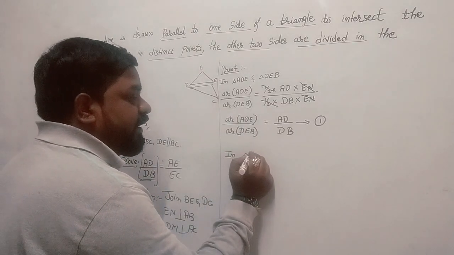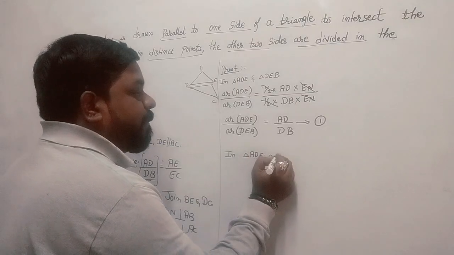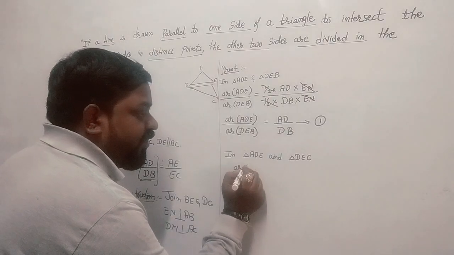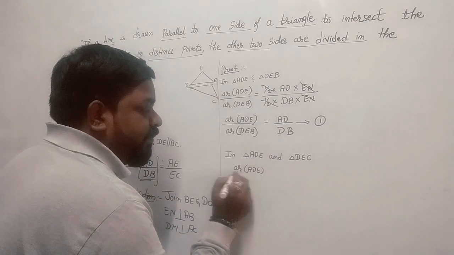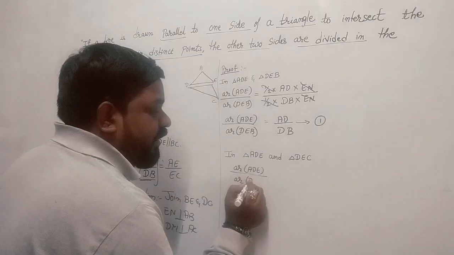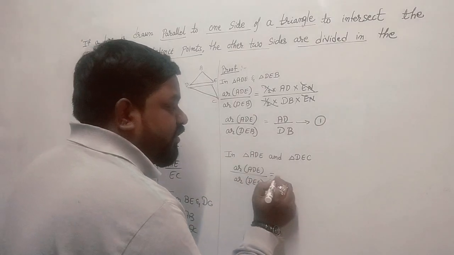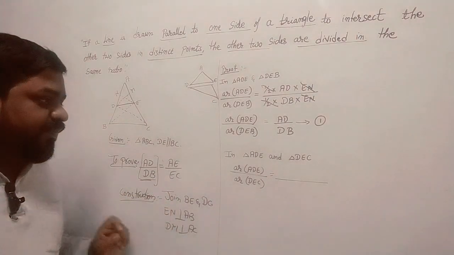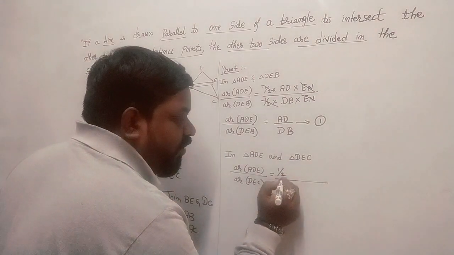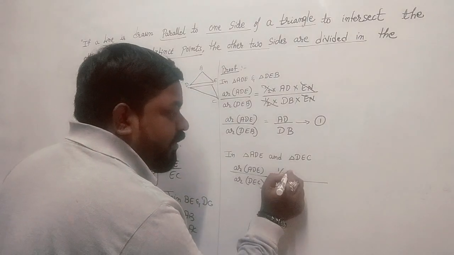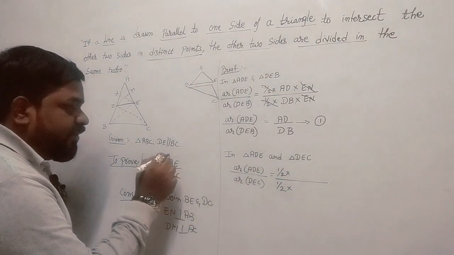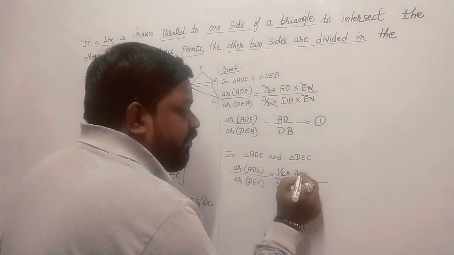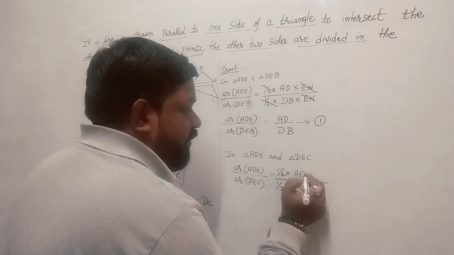In triangle ADE and triangle DEC, area of triangle ADE by area of triangle DEC is equal to half into base into height. So write half. Then the bases of these two triangles are AE and EC, right? So that will be the base of the triangle.